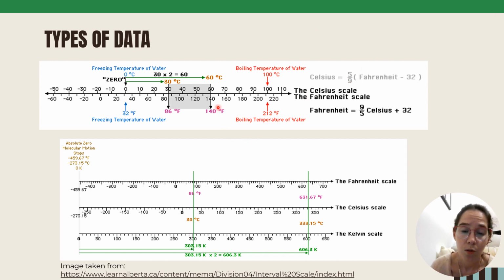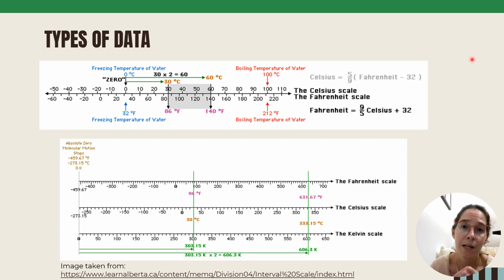Also, if you look at the scale here with the Fahrenheit degrees, you will see that 140 Fahrenheit degrees is not the exact double of 86 Fahrenheit degrees, which are the corresponding values for 60 and 30 Celsius degrees respectively.